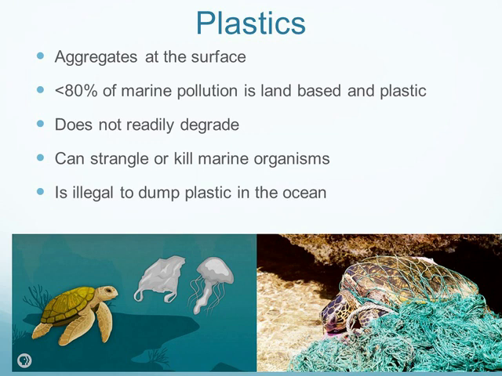Plastic does not readily break down. It is not biodegradable. They do have some plastics that are labeled as biodegradable, but really they're not. They still break down into small pieces, and by the time they get to those small pieces, they do not break down any further and contribute to what's known as microplastics.